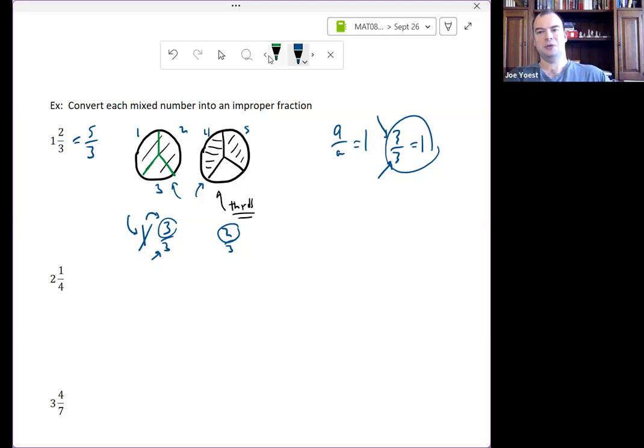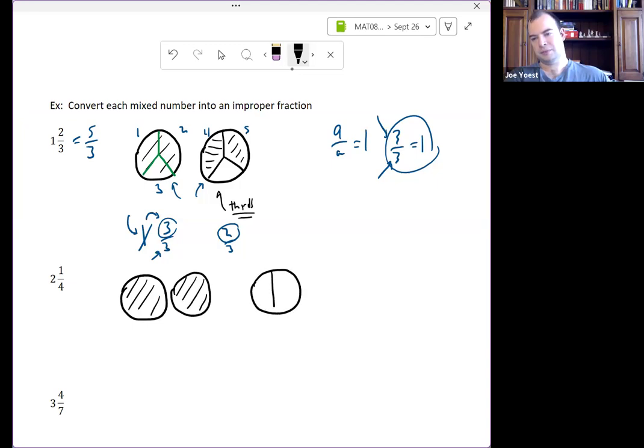If I have something like 2 and 1/4, it's going to be a similar process. I have 2 whole pizzas, and then plus a quarter of a pizza.